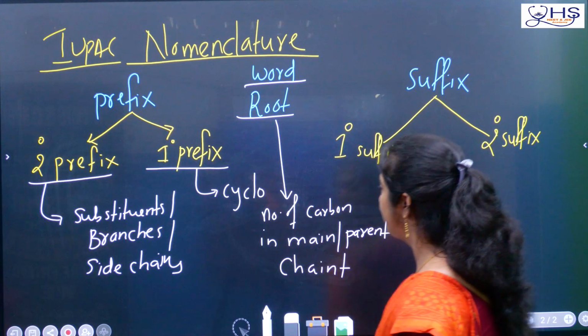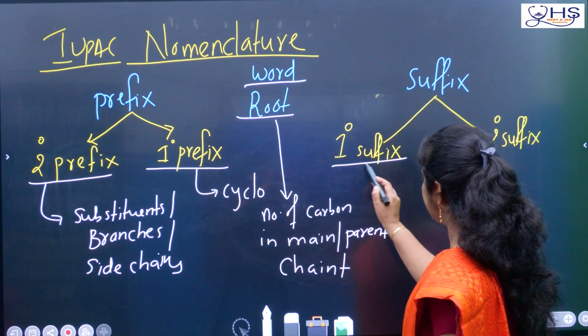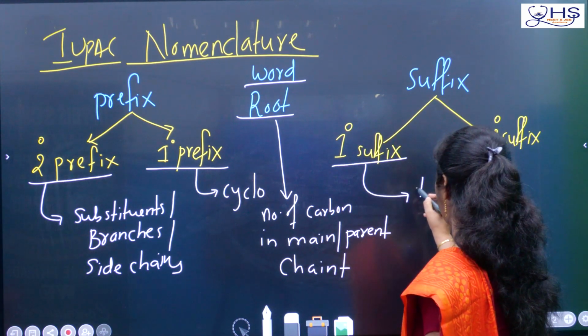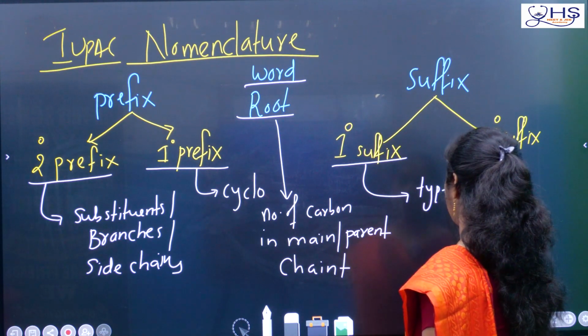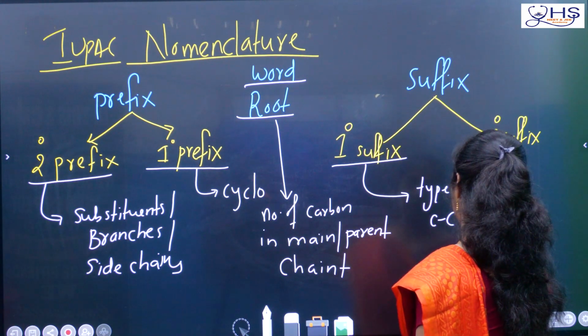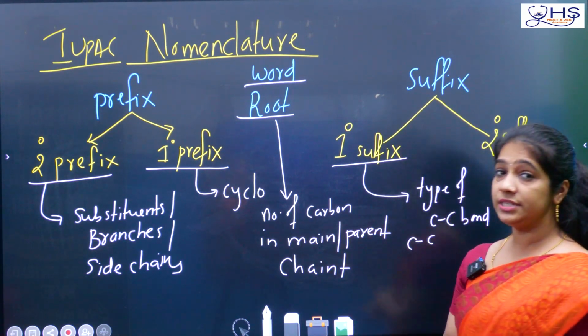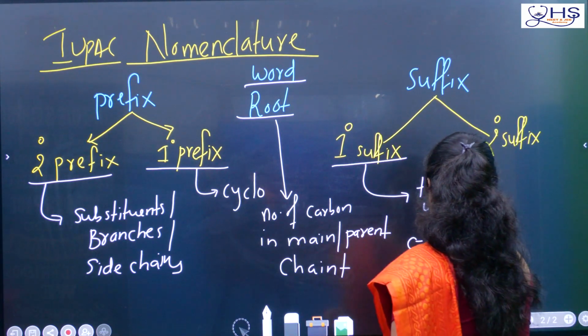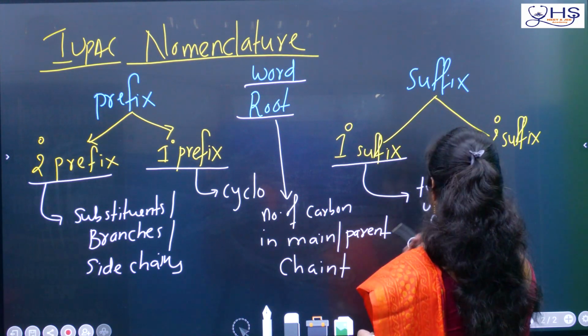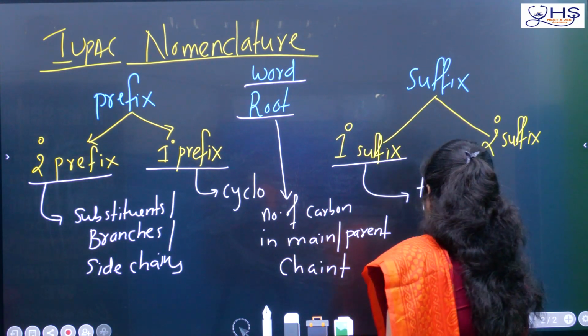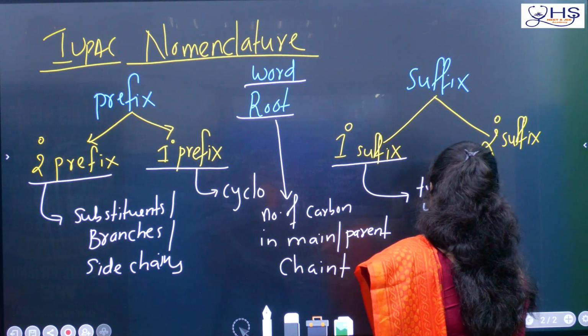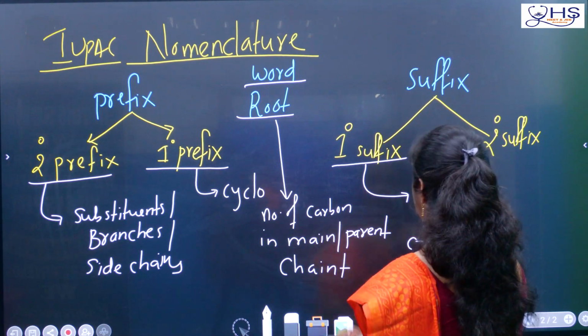And coming to the primary suffix. The primary suffix indicates the type of carbon-carbon bond. For example, if the carbon-carbon bonds in the main chain or parent chain are single bonds, we will use the primary suffix as -ane. If it is a double bond, we will use the primary suffix as -ene.